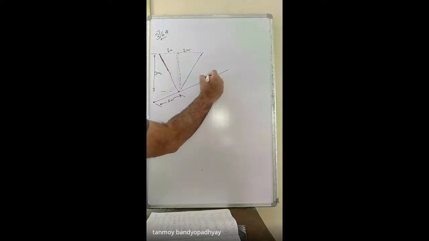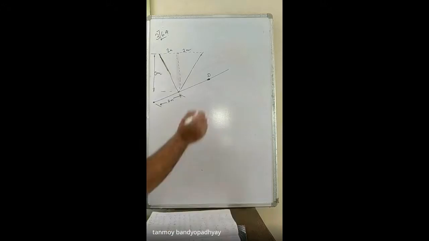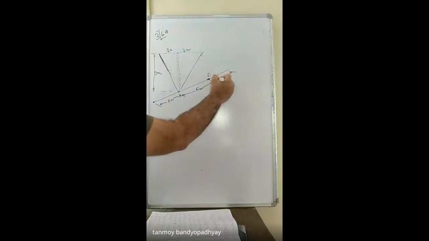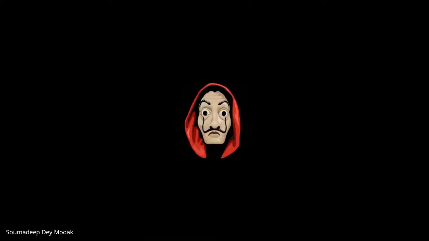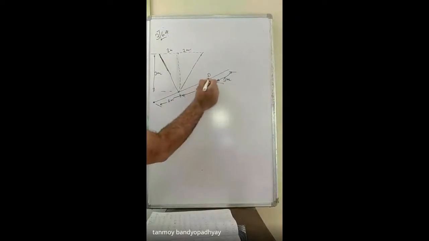There is a support at the point D. As you can understand, wherever there is a support, there will be contact with the support, and there will be a reaction force developed between the surfaces. Okay?